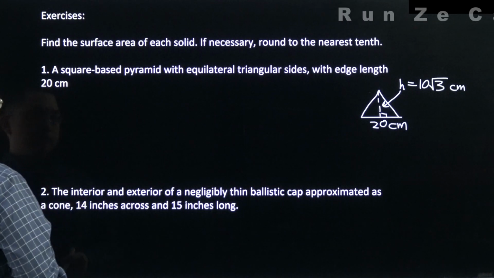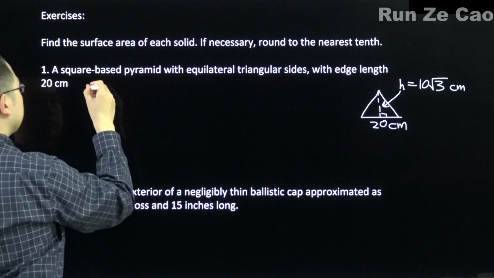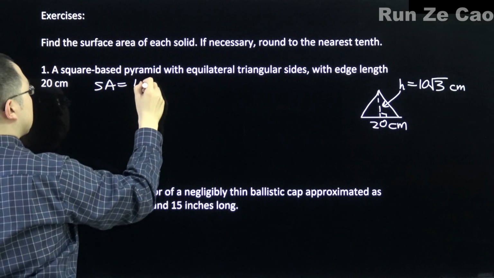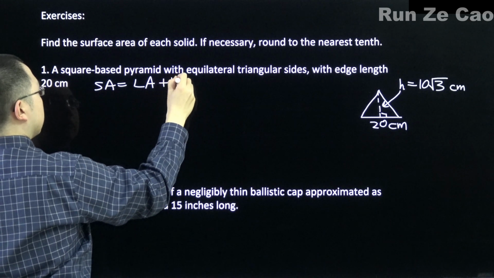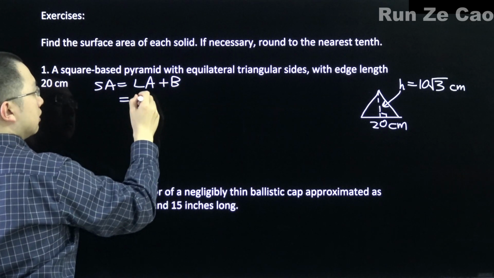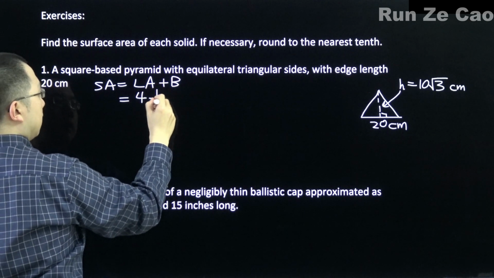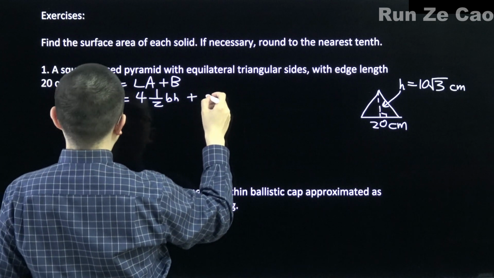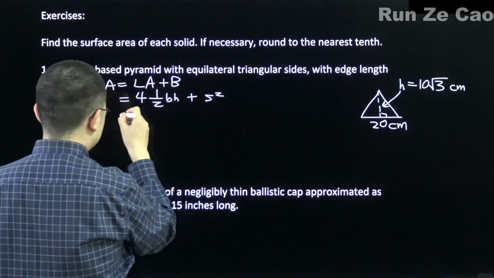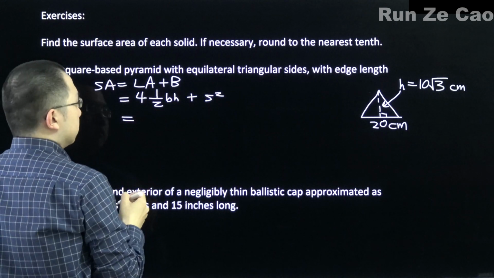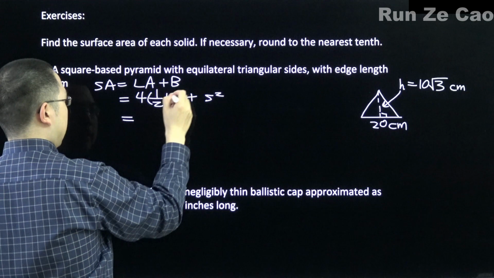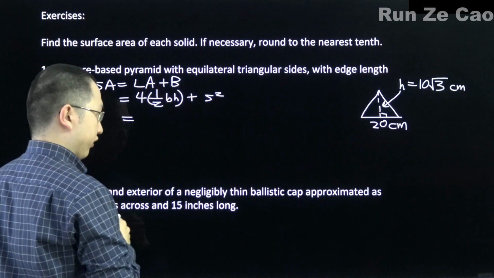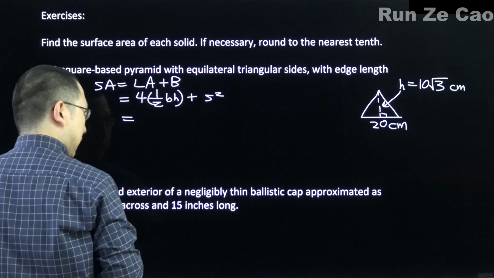Okay, so surface area is equal to lateral area plus base, which is 4 times 1/2 base times height plus s squared. 4 times 1/2 base times height. Brackets are important, not 4.5 times base and height.